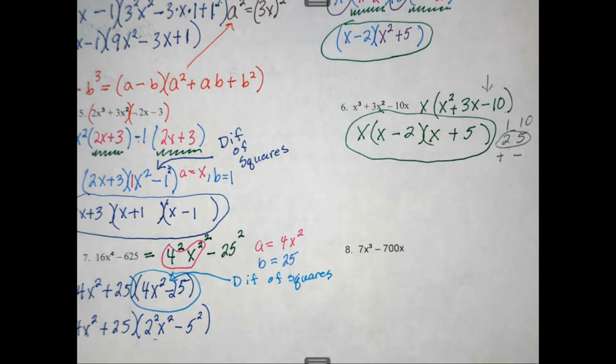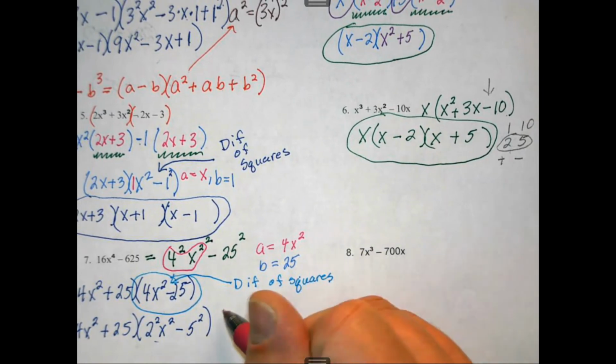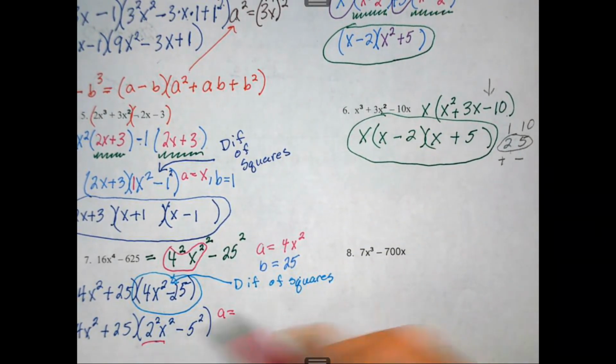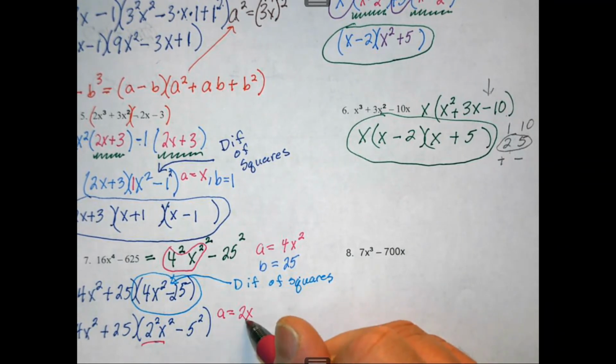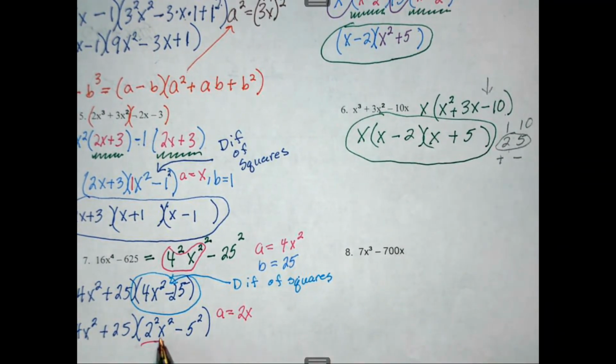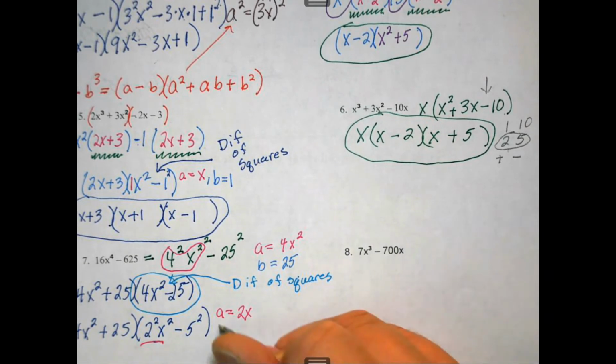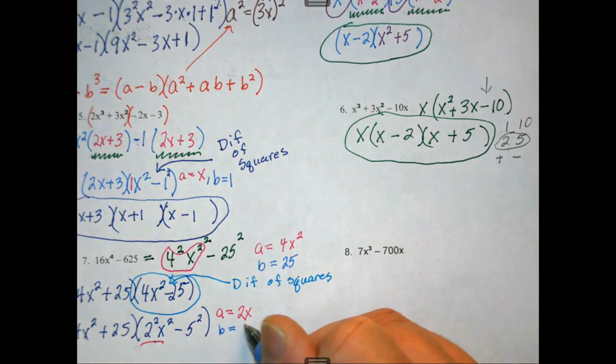So this time my a is what? Yep, what's being squared? 2x. Just the x. We don't have an x squared squared. And then my b is just the base, 5.